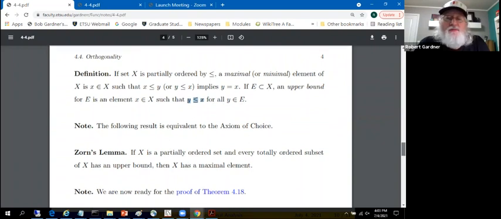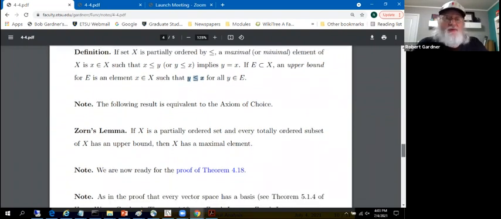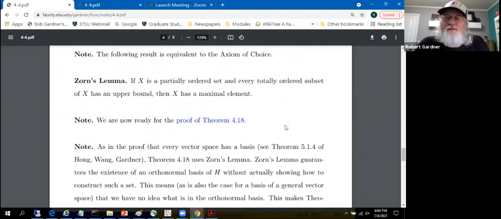The following result is equivalent to the axiom of choice, unfortunately. Zorn's lemma, equivalent to the axiom of choice, talks about these partial orderings and maximal elements and all that stuff, which is why we went through those definitions. We don't really need, in a functional analysis class, a lot of hands-on experience with this stuff, but we're making a big claim, so we ought to go through and justify it.